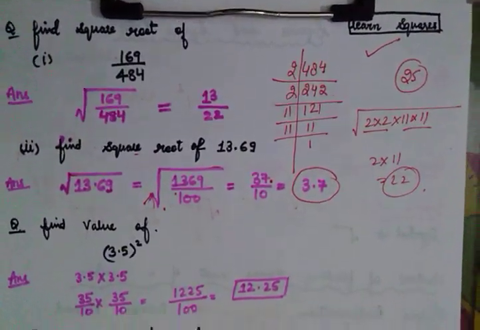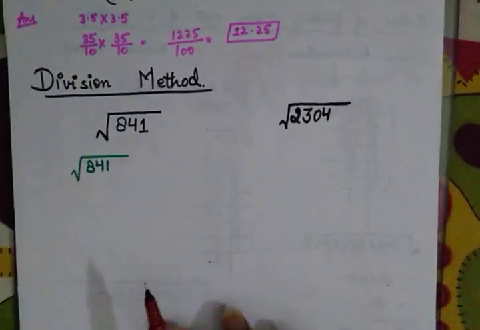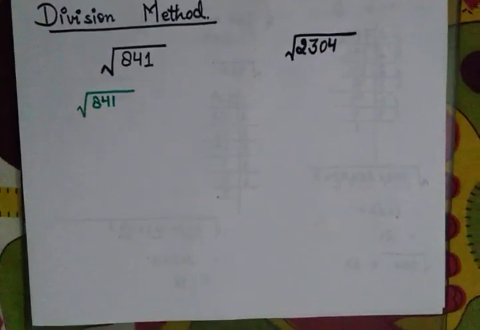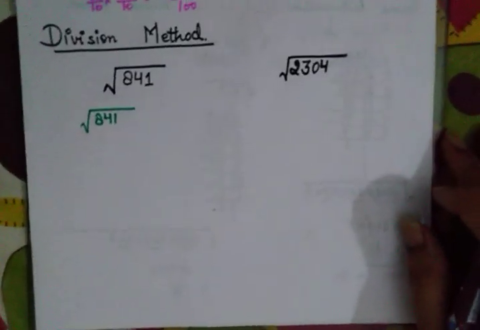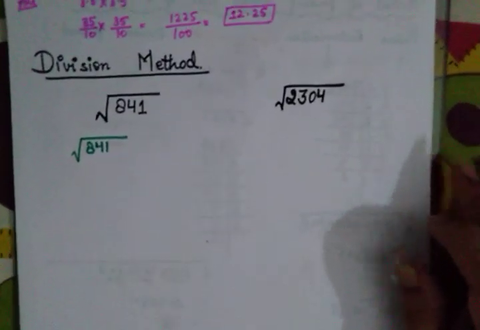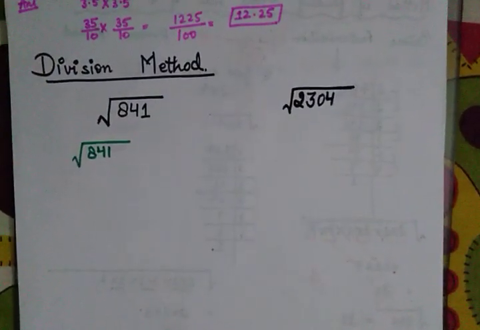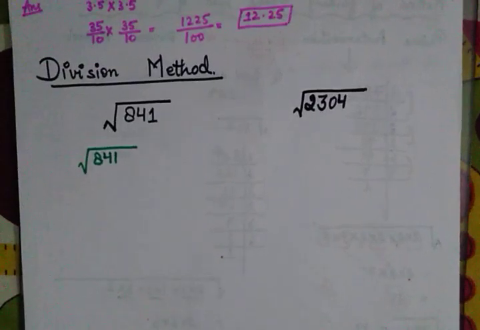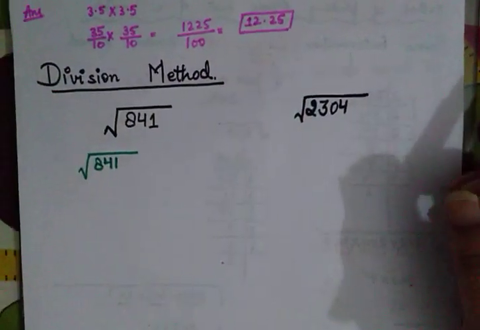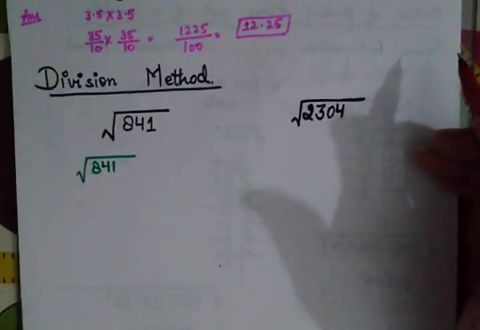Now the next method, which is absolutely a new method for you, this we are going to learn in detail. Division method says that you will be doing something in a division process and you will be calculating the square root. Now let me tell you why should I study this procedure when I know already the prime factorization technique.